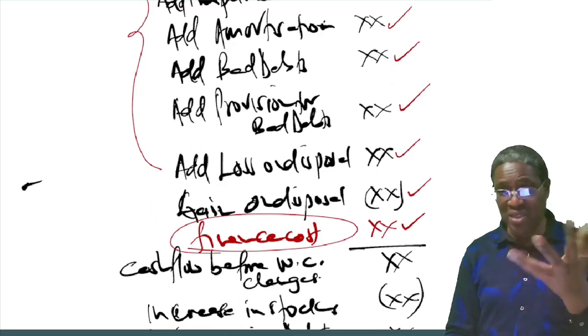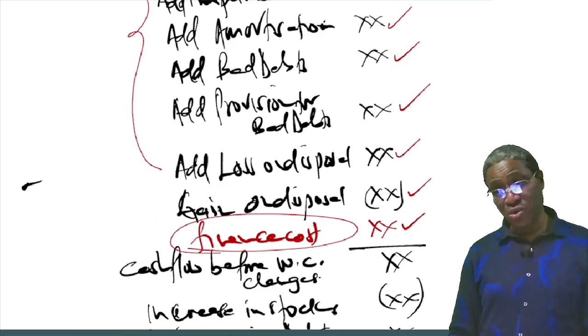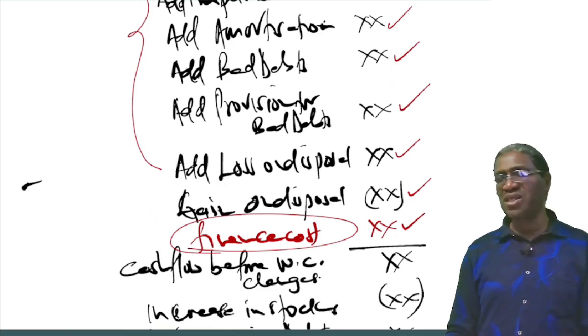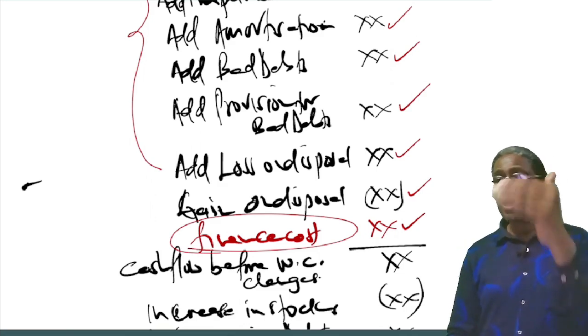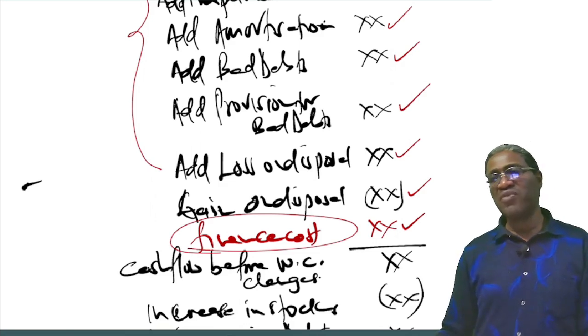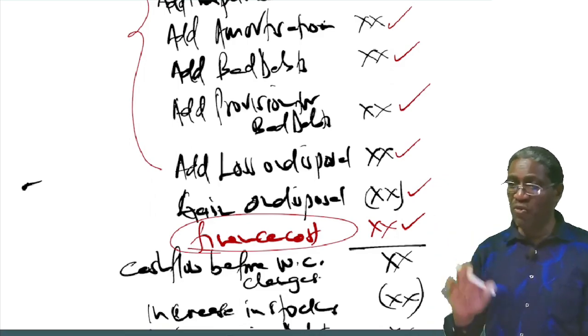You don't have to calculate it. Whatever is the charge for the year for finance cost, it's a figure you have to just pick, because the examiner will give you the income statement for that company. Once you're given the income statement for the company, we said you now pick the figure for finance cost.